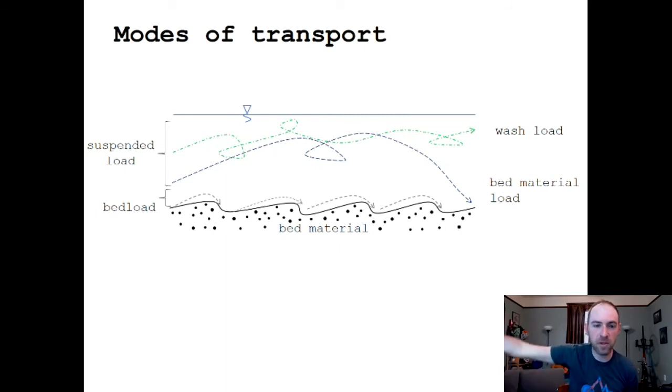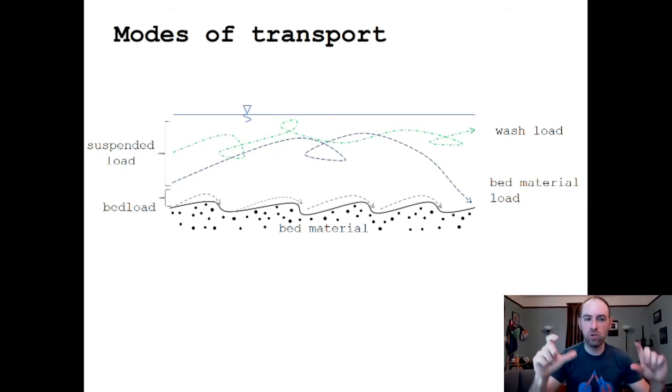The really fine material that just washes through is called wash load. And everything that can exchange with the bed, the fine sand and medium sand in the river here that can exchange over hundreds of meters or kilometers length scale, we refer to as bed material load. Those are just two different ways of thinking about the distinction between the particles, depending on the problem that you're looking at.